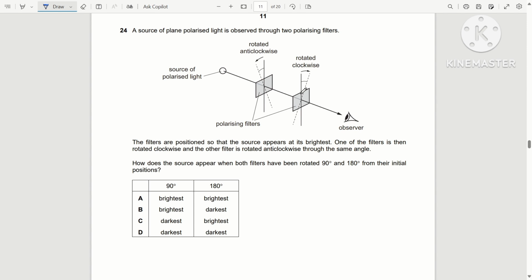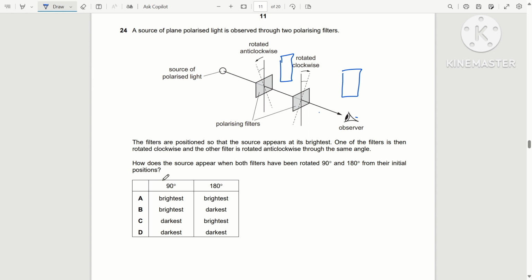Okay, if one is rotated 90 degree, let's say we rotate this by 90 degree. Now that it is brightest, when it is rotated by 90 degree, it will become like this, and the same will also become like this. So it will not give anything, because it will block the light. So here intensity received will be 0.